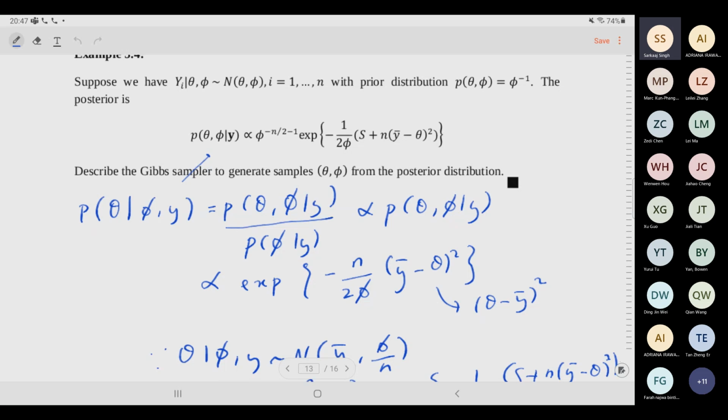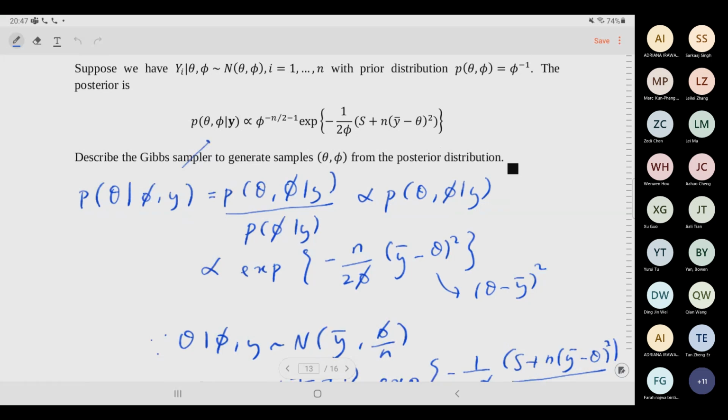It's easier because we can recognize the form straight away, so we can sample straight away. Yes. The other example, where we used the normal 0, 1 with MH, was just an illustration. We don't really need MH to do it, but it's just to show you.